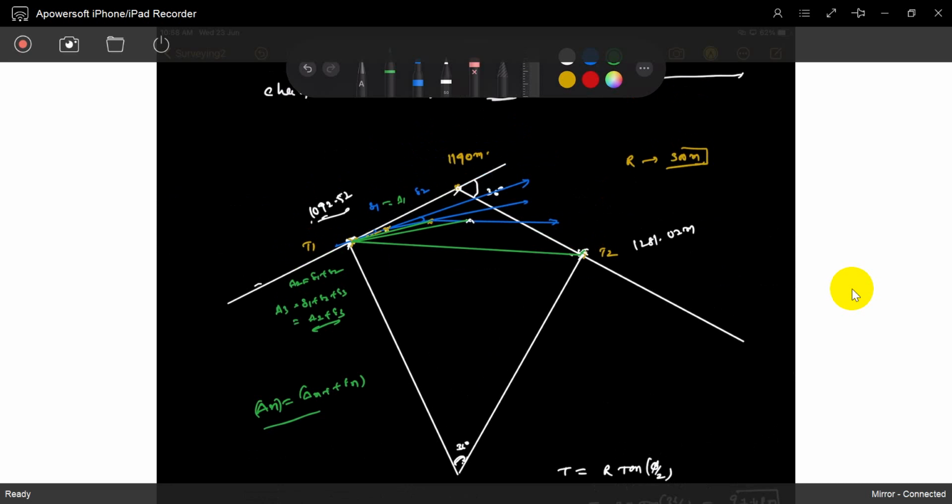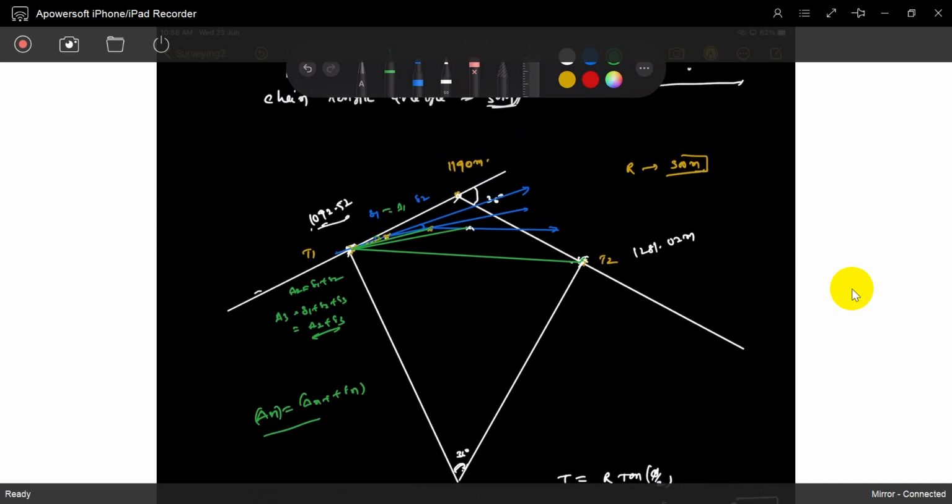What is this angle? That angle is I by 2. This is a 5. So what is this value? 180 minus 5. These two are equal compulsorily because these two tangents are equal. If it is x, then x plus 180 minus 5 is equal to 180.